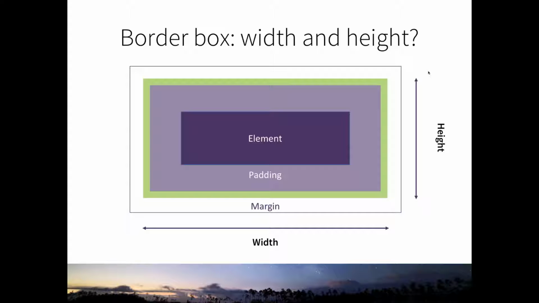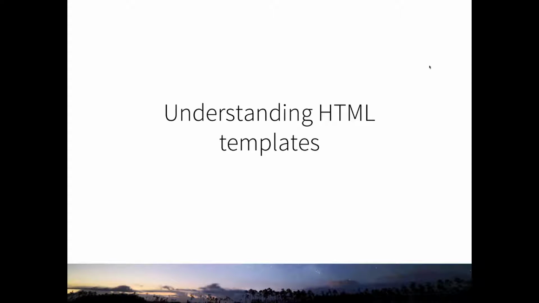I have a box that is 2 centimeters by 5 centimeters, and then depending on how thick the actual material of the box is, the border and the padding if you want, my element will have a size that is slightly smaller than this 2 centimeters by 5 centimeters. So it works differently. Your mileage may vary, but I find that using this trick makes it more predictable to start creating complex templates and put a lot of stuff together on the page. So remember that you can do that.